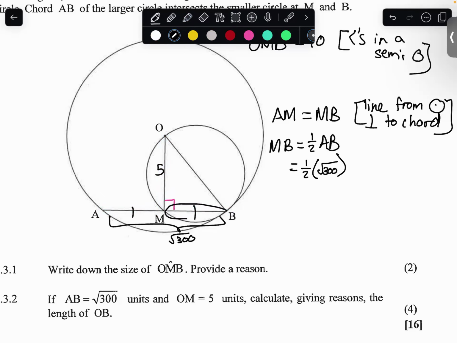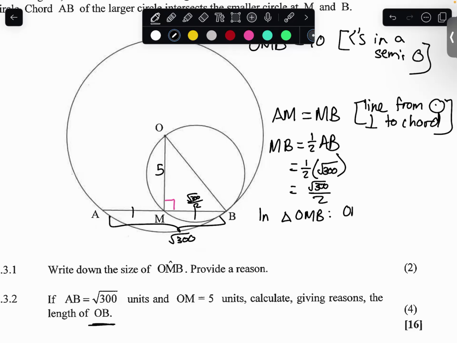MB, this, is half of this whole distance, right? And so it's half of the root of 300. I'm going to leave it as that, or we can just write it as the root of 300 over 2. Right, so this is the root of 300 over 2. Right, then in triangle OMB, I can calculate the length of OB using the theorem of Pythagoras.